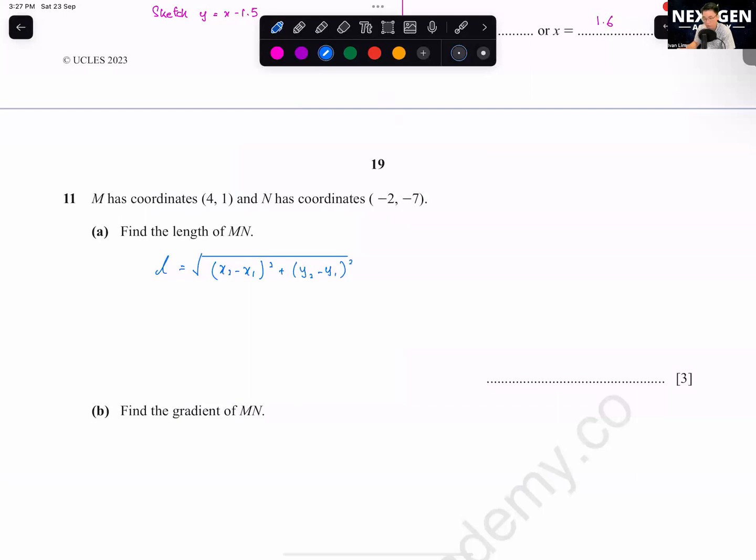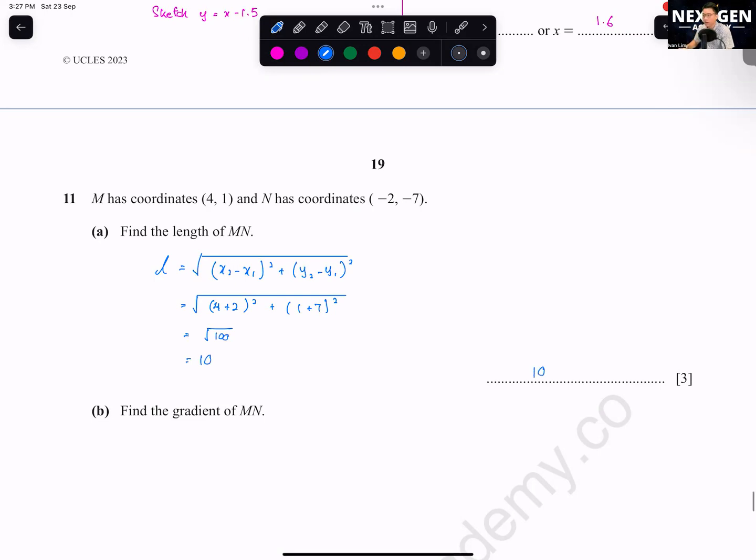You got to memorize all the formulas from straight line equation. Sub it in. Okay, you get here 4 minus -2 will be 4 plus 2. 4 plus 2 square plus 1 plus 7 square, which you get square root 100. Okay, you get 10 here.